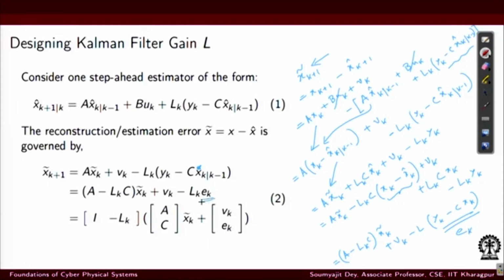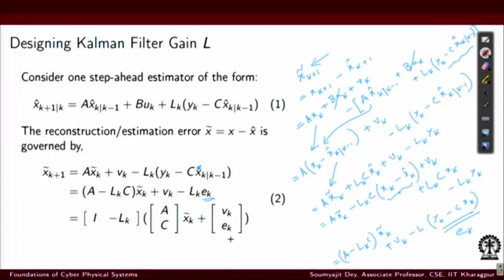So, that is why we can start writing it like this through the e_k, and then if I write it in a suitable matrix form, I can write it like this, right, x_{k+1} tilde equal to I, the identity matrix minus L_k, in a vector form, I have A and C in terms of x_k. So, x_{k+1} is getting expressed in a dynamical equation using x_k with the additive term of the two noise values, right.